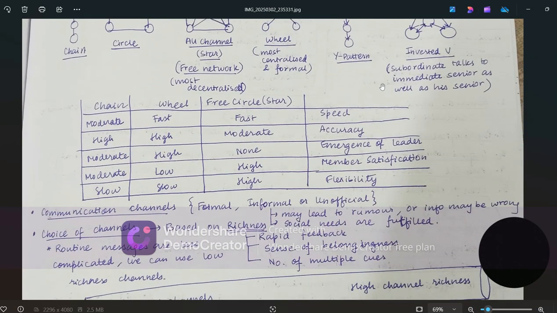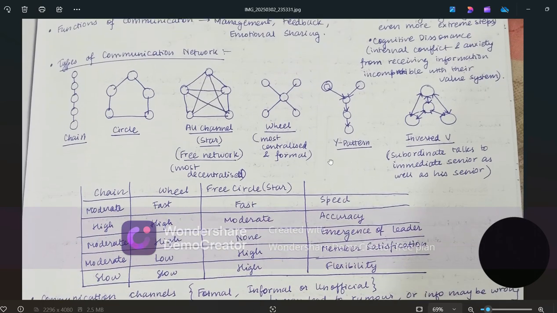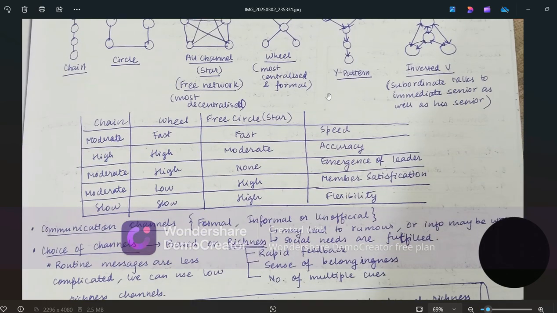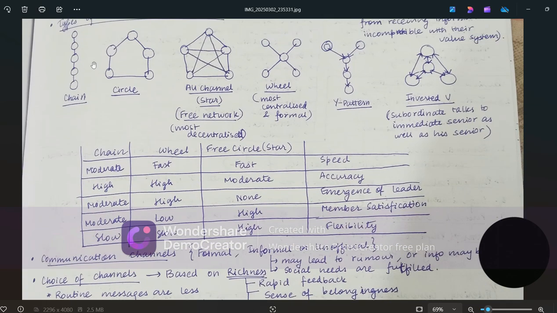Let us look at some of the factors in chain, wheel, and free circle communication networks. The speed will be the slowest in chain, and it will definitely be fastest in free network, and also in wheel it will be fast.